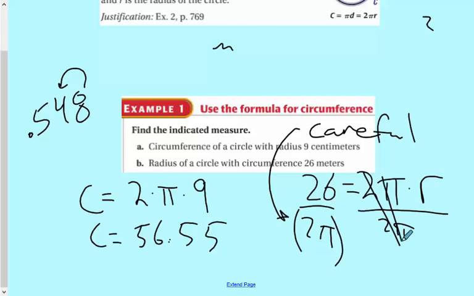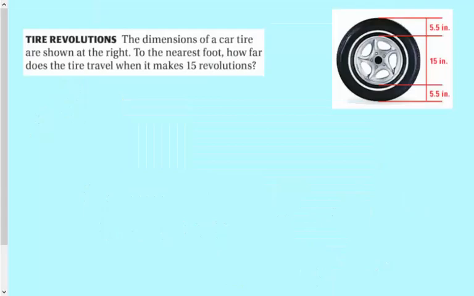If you don't, it's going to divide by 2, then multiply by pi. So we want to do 26 divided by, and then parentheses 2, and then the pi button. The radius equals 4.138, so 4.14. That's something you want to be mindful of there.